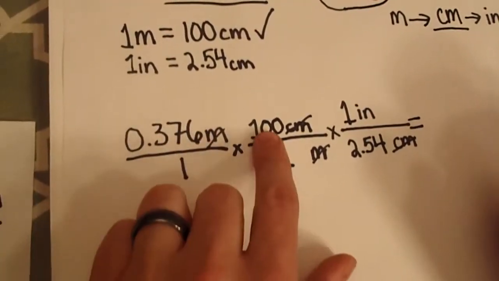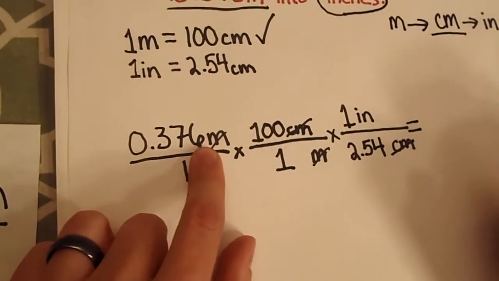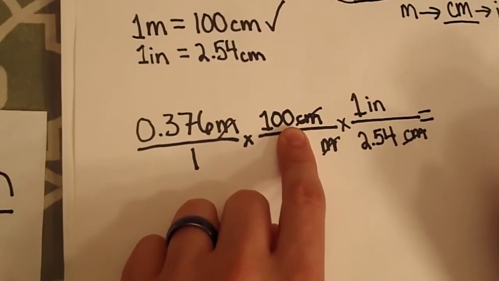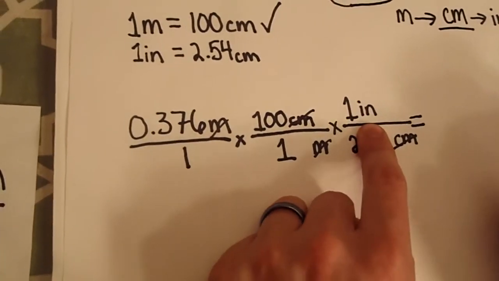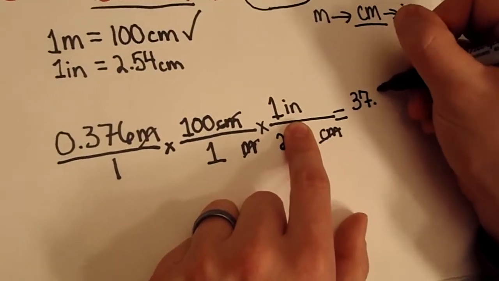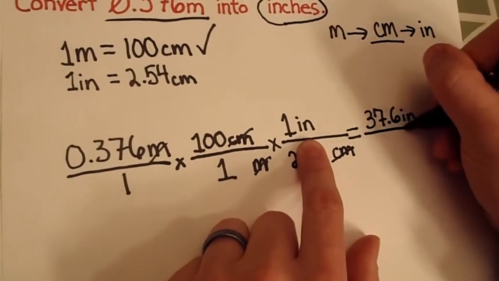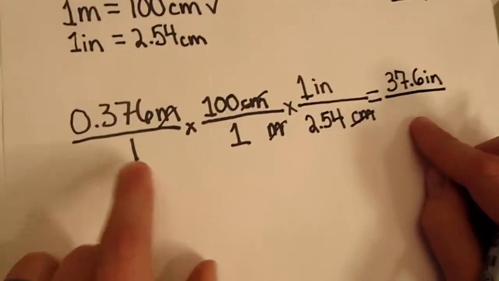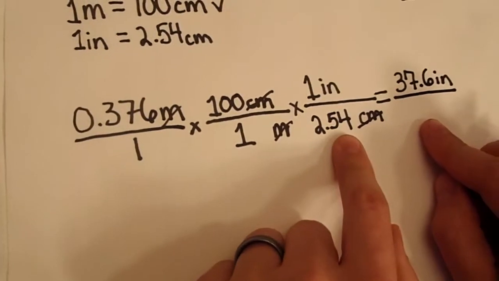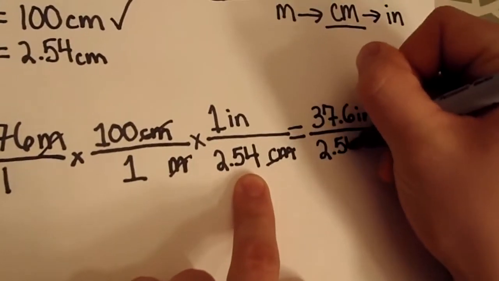So I multiply everything on top. I take 0.376 times 100, which gives me 37.6, times 1, which is still 37.6. Write that down. And now we have inches on top here. Then we multiply everything on the bottom. We take 1 times 1, which is 1, times 2.54, which is 2.54.